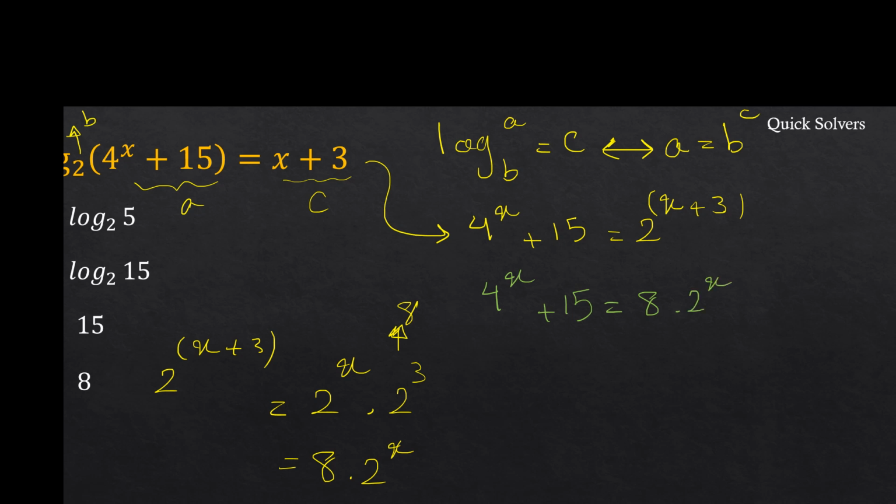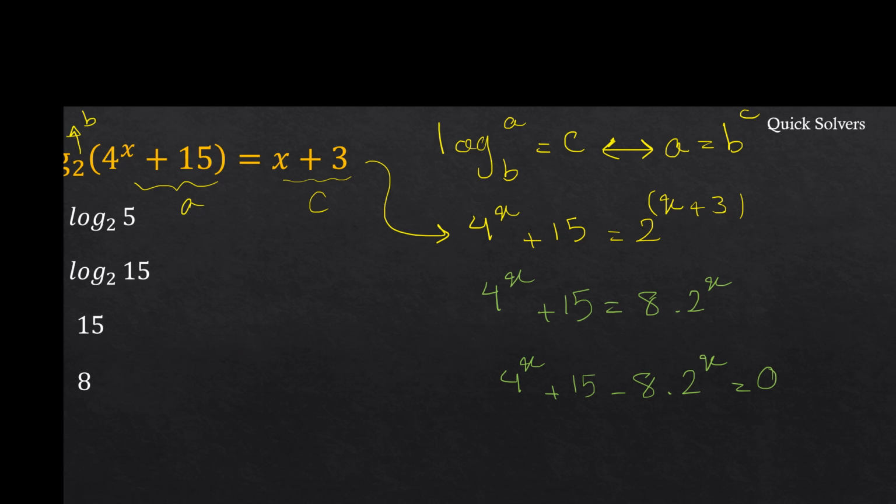Well, in the next step, I will take everything from the right side to the left side, so we can rewrite this as 4 to the power of x plus 15 minus 8 times 2 to the power of x is 0. Here I'm trying to see if I can rewrite this in the format of 2 to the power of x.